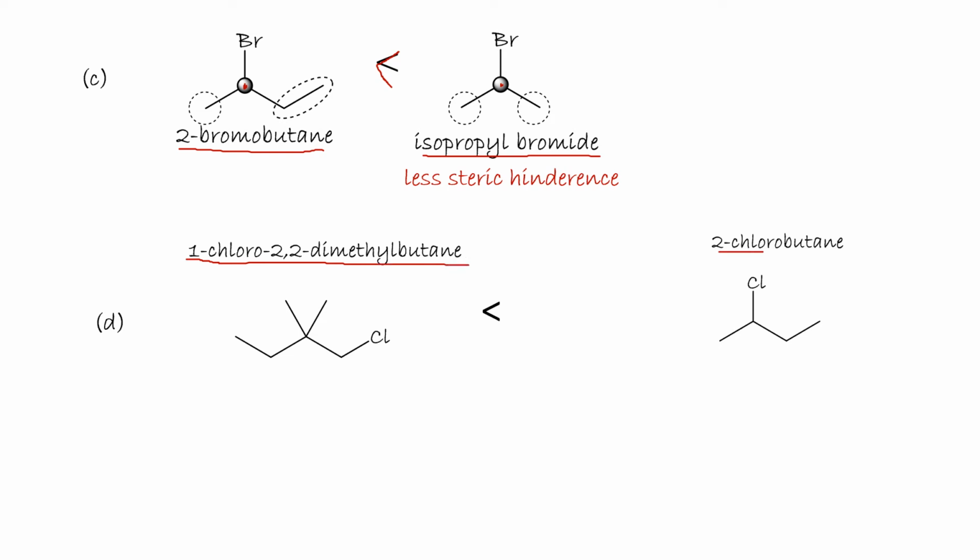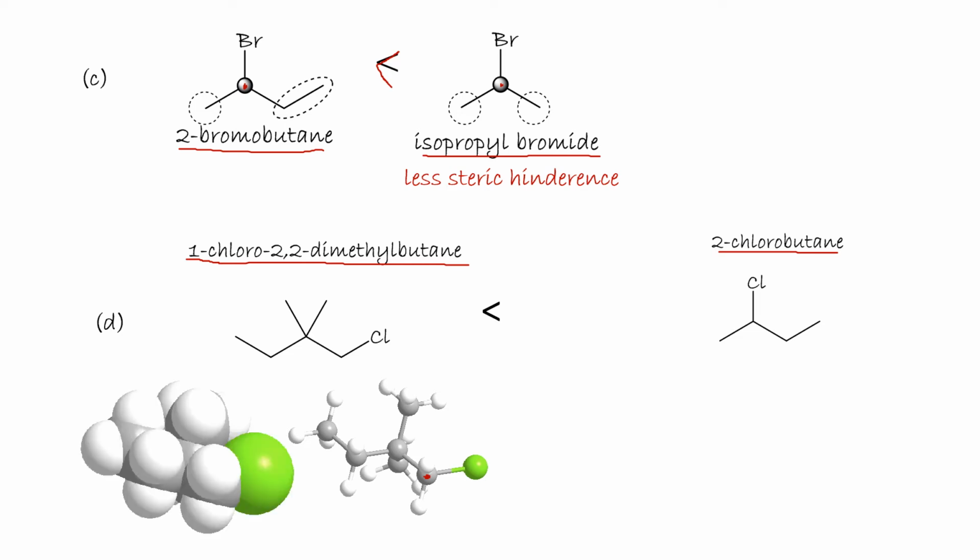1-chloro-2,2-dimethylbutane versus 2-chlorobutane. Looking at the model, you can see that this carbon is the electrophilic carbon. Building it as ball and stick, see, this carbon now is hidden by this group, so the nucleophile will not be able to reach it easily.